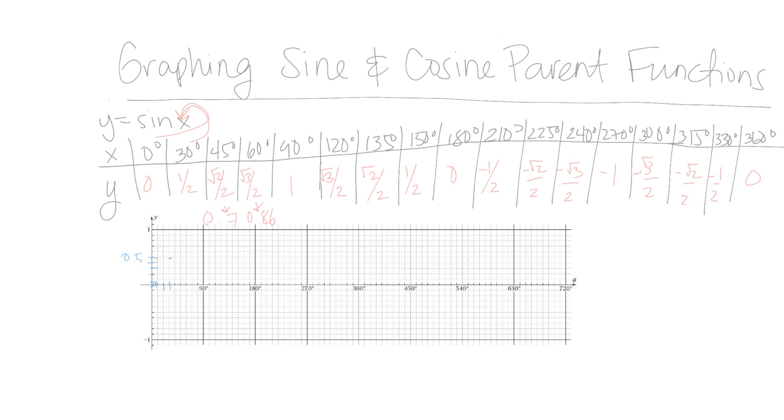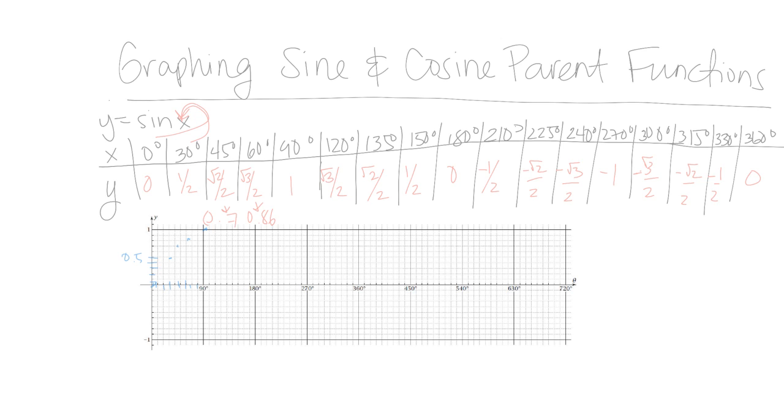Okay, and then these are approximations, but 45 degrees would be around here, and then 0.7-ish, so that's going to be around here, and then 60 degrees would be around here, and it's 0.866, somewhere up there. Okay, 90 degrees is going to be easier to graph because that's just 1.